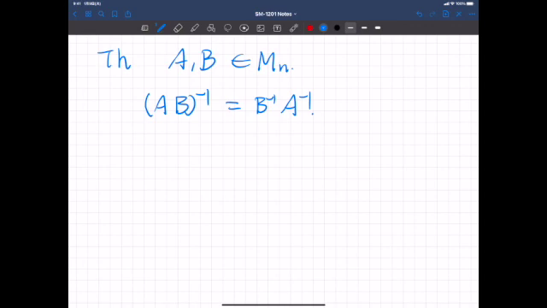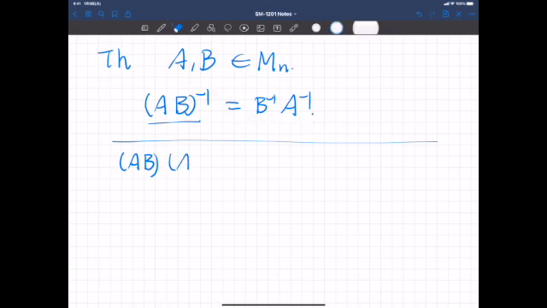Of course, if these don't exist, we cannot get the inverse of AB. Proving this is easy. So just multiply AB with this, B inverse A inverse.